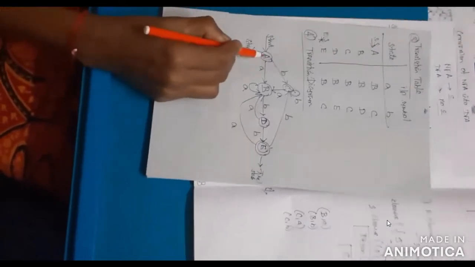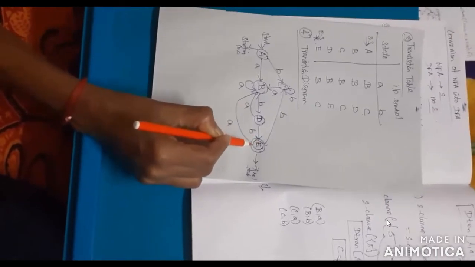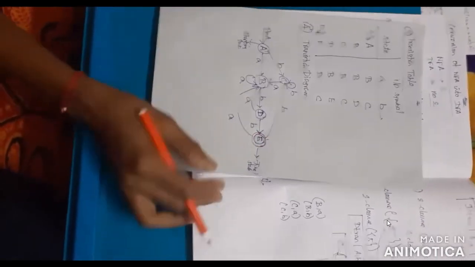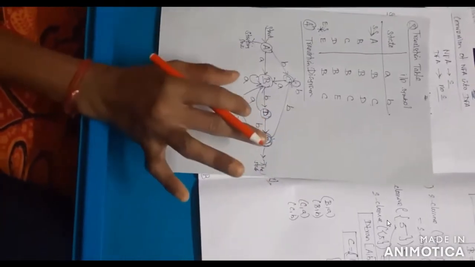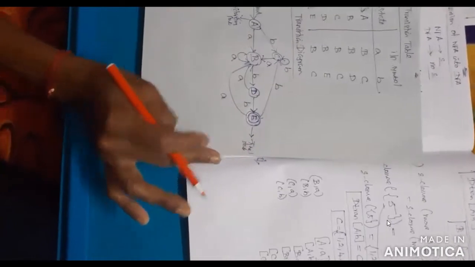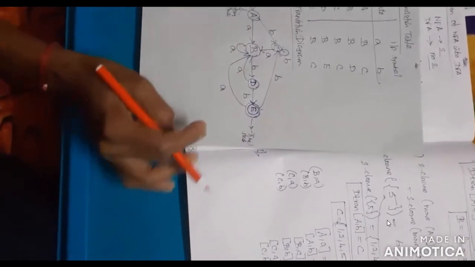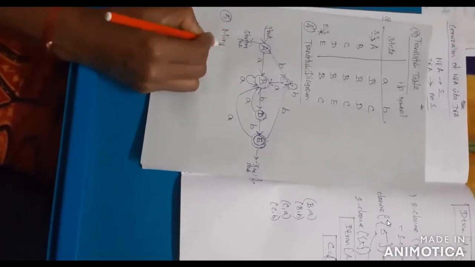This is the starting state and this is the ending state. The ending states are indicated by a double circle. Is it clear? This is the fourth step. Then you can move to the next step. The next step is minimization of DFA.